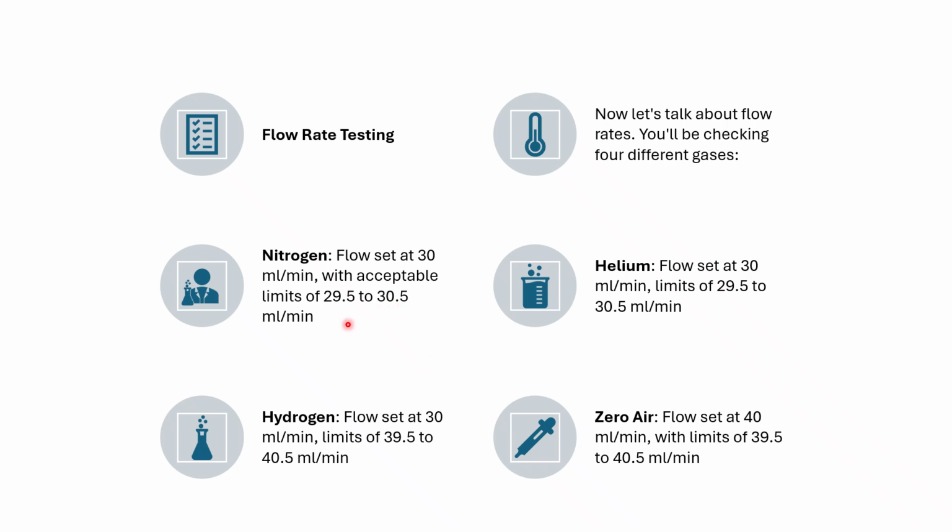This will be for everyone, that is hydrogen, helium or zero air. Use the flow meter on your GC screen to verify that actual flows match the set flows. And you have an external probe, that is your gas flow meter, to analyze your flow rate testing.